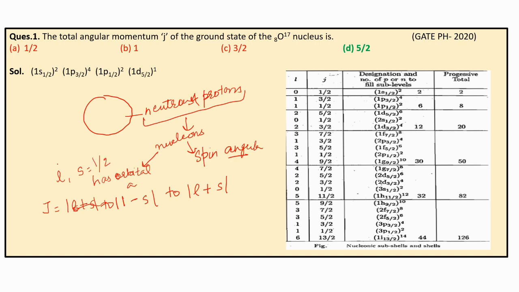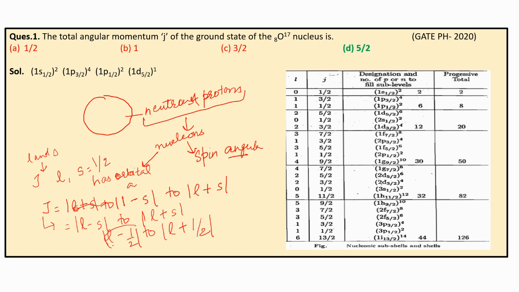This means the vector addition of L and S will give you the J value, and the J value is restricted to L minus S to L plus S. That means L minus 1/2 to L plus 1/2.